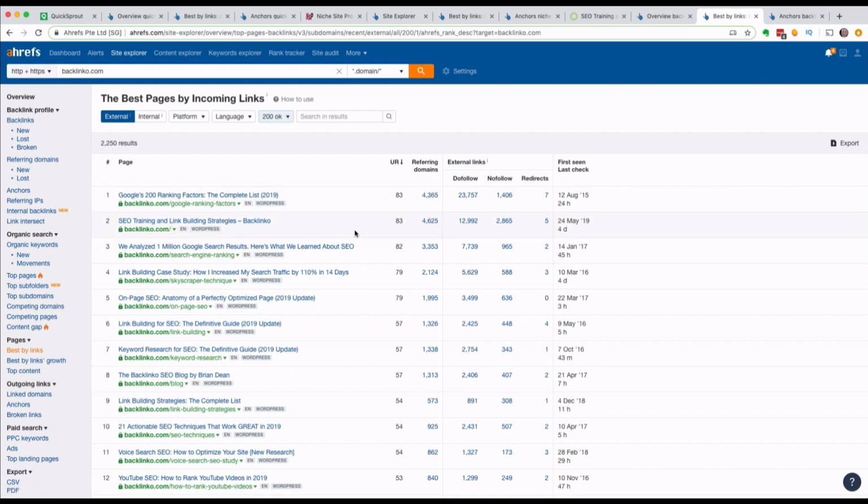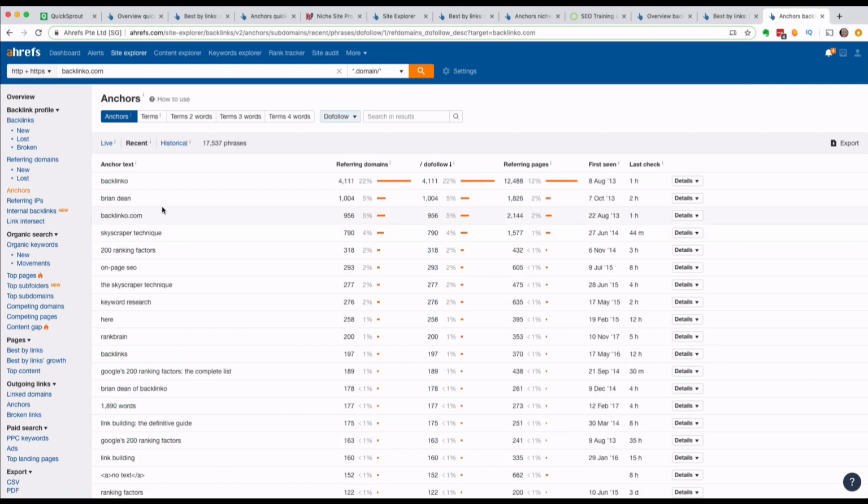That said, this one's a little different because this Google ranking factors post was a big deal, and it was groundbreaking in that it was the showcase of the skyscraper technique. Still, there's a lot of links going to the homepage here. When we look at the anchor text, again, similar situation: branded anchor text, Backlinko, the person's name, Brian Dean, backlinko.com, and so on.